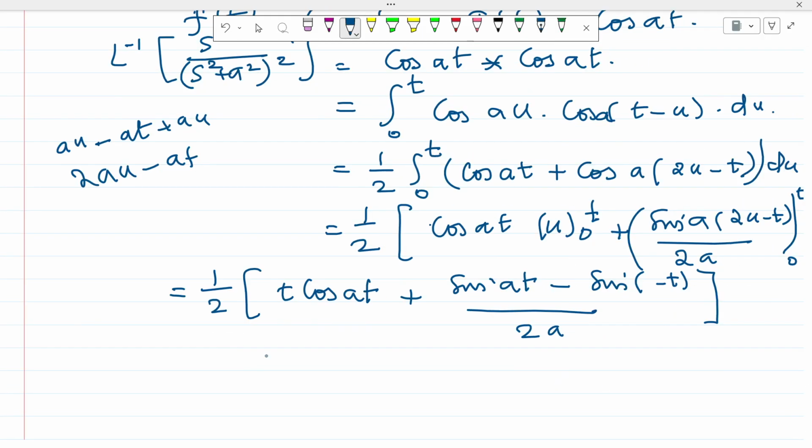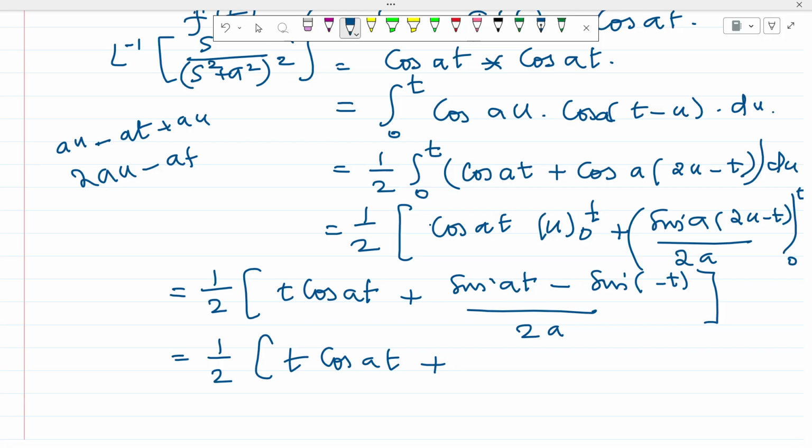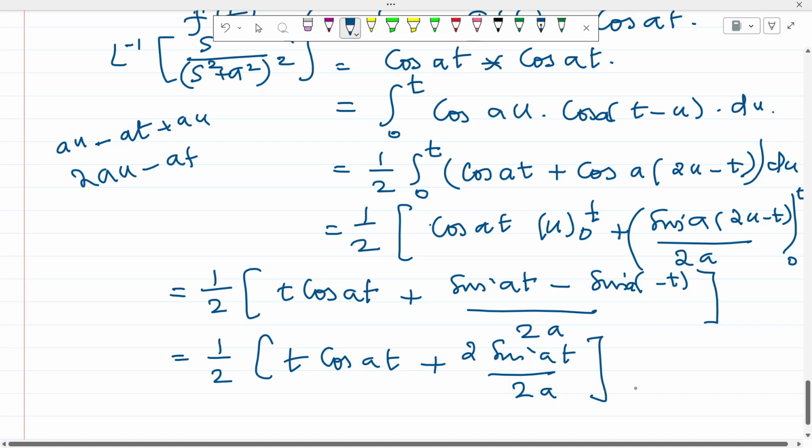So what do you get? 1 by 2 t cos at plus sin at, sin of minus t, here a should be there. Sin of minus t minus theta is minus sin theta, already minus is there outside, minus minus plus, so 2 sin at divided by 2a. So this 2 gets cancelled.